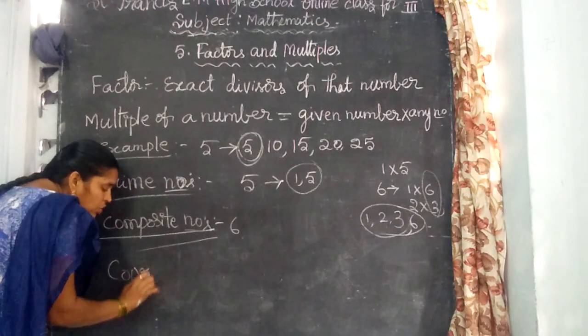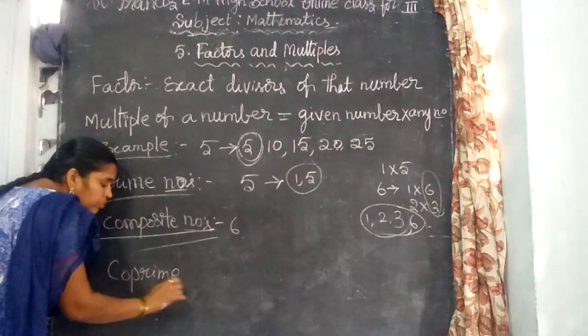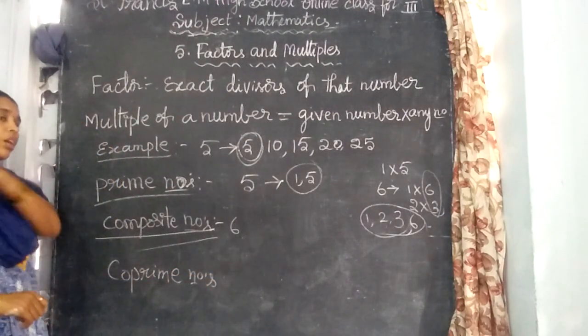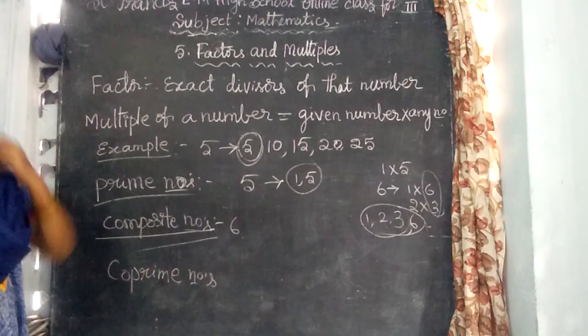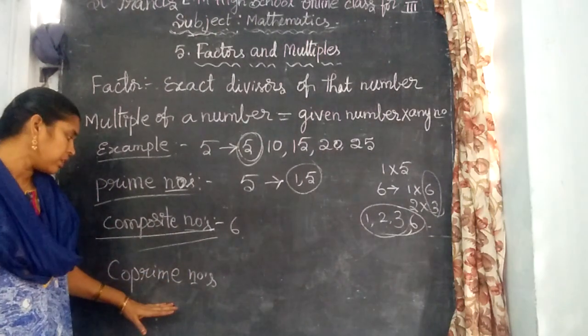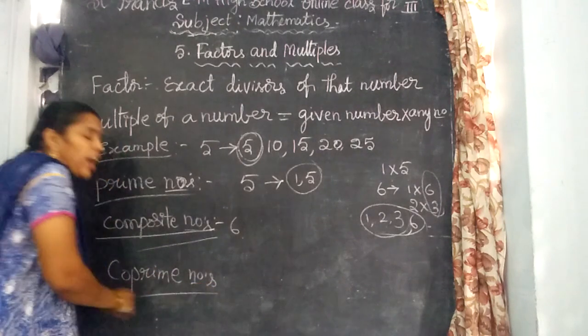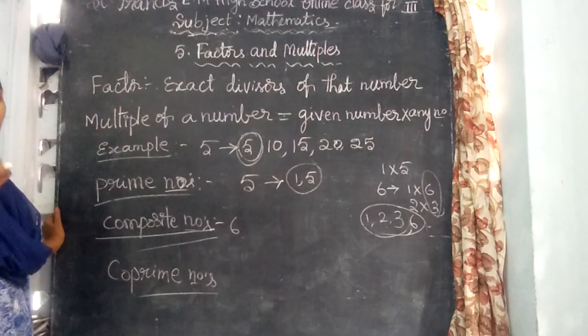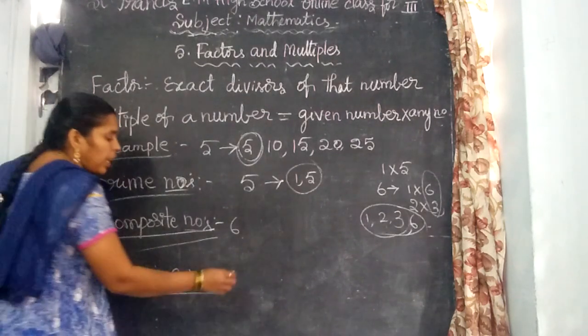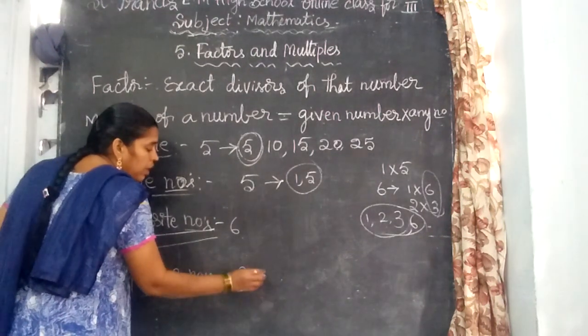And then co-prime numbers. What is co-prime numbers? Co-prime numbers means any two numbers you can take, their common factor must be 1. Those numbers are called co-prime numbers. Suppose you take 2 and 3.